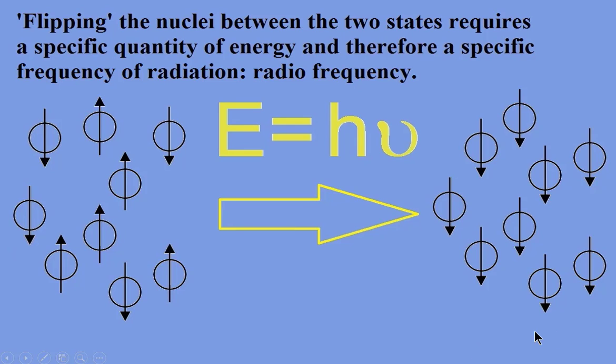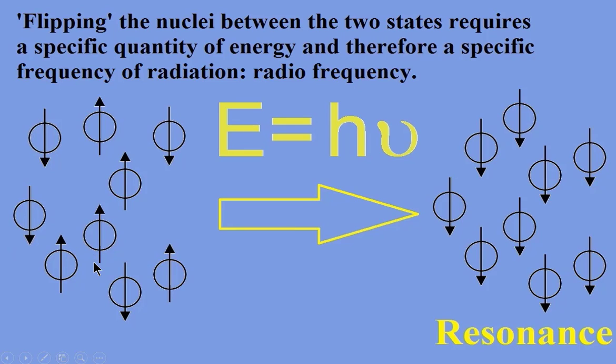Remember, we're assuming the external magnetic field is coming from the bottom of the page towards the top. And so we get these nuclei, as they flip, to come into resonance. They'll eventually lose that energy and return back to the original state, aligned with the external magnetic field. And as they do that and give off that energy, that emitted energy is detected and we get a signal.